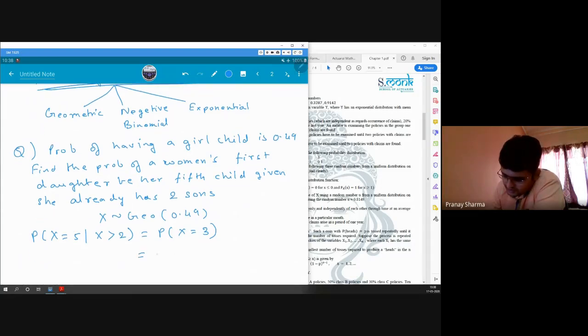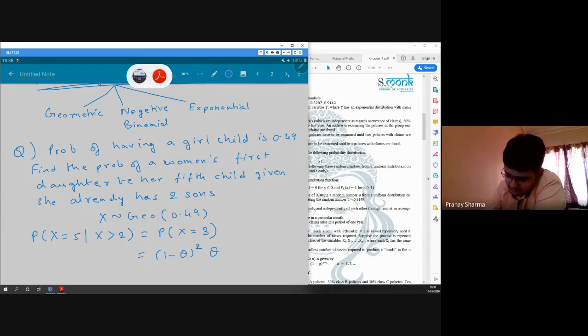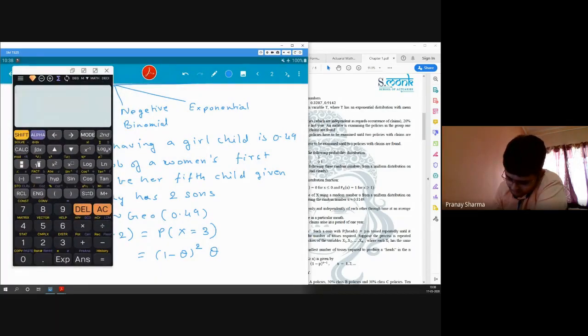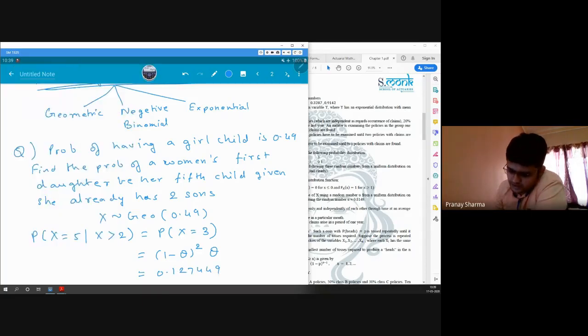So this would be nothing but 2 failures, so (1 minus theta) squared, and then a success, that would be theta. So this becomes the probability.